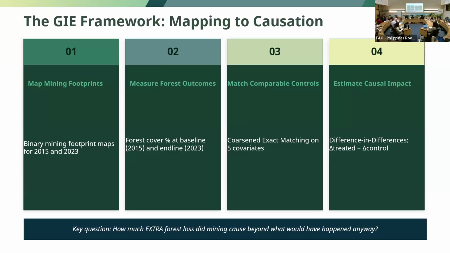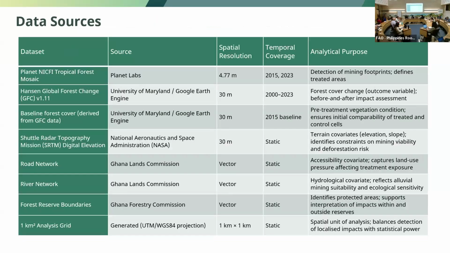And the next step was how we can link this to deforestation, but then we have to also look at the causal impact of that, not only where it is, but also the driver and the specific contribution of that driver to deforestation. So this was the framework that we used.